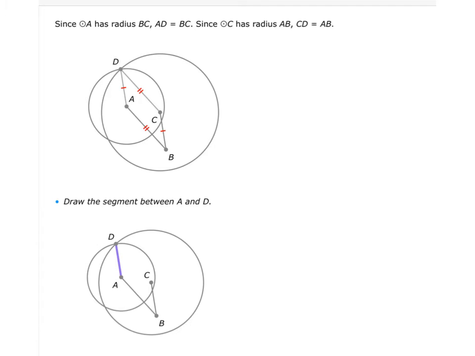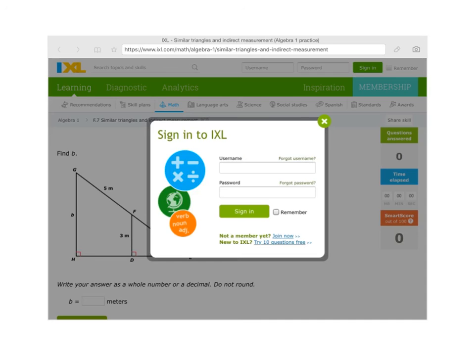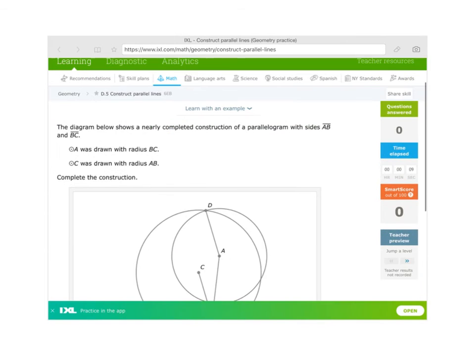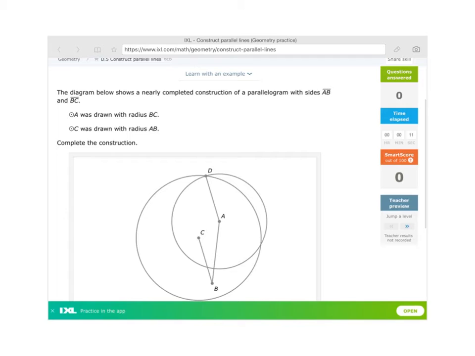Which we'll get over here. Let's try an exercise just to give us an idea. So this is D5. Constructing parallel lines. The diagram below shows a neatly completed construction of a parallelogram with sides AB.